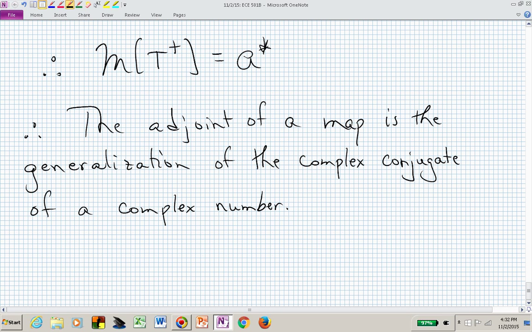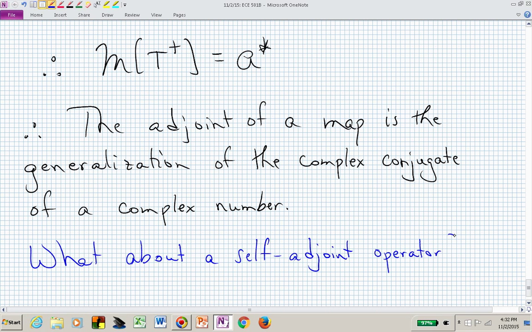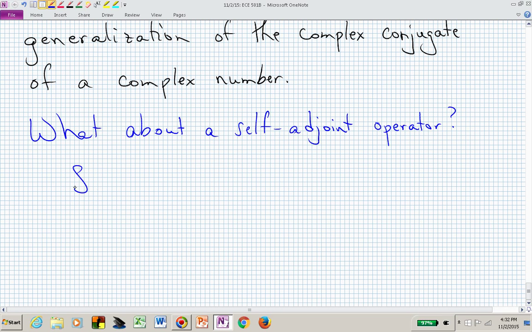What if we had a self-adjoint map? If we use the same example, a self-adjoint operator says that T must equal its adjoint, which in our example we had A and its adjoint was A star.